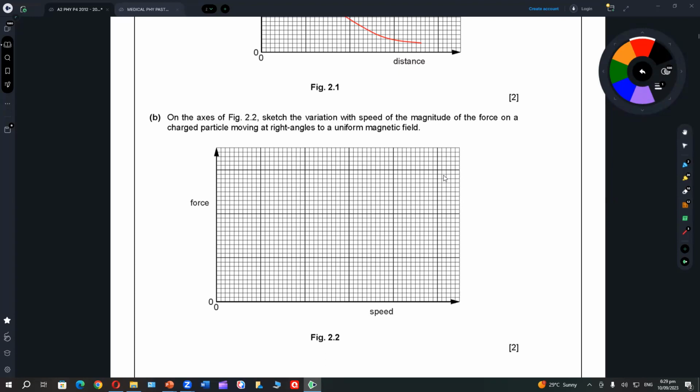So this is a relation between force and speed. So better leave this question for the time being because everyone has not done this.